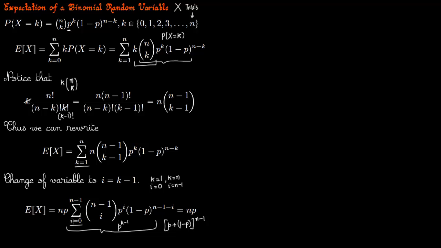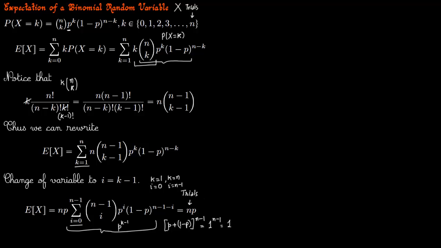So you are summing all the way from i equals 0 to n minus 1, and this is nothing but 1 to the power of n minus 1, which is just 1. So you get the expectation of X is n times p. Again notice that n is the number of trials and p is the probability of success.